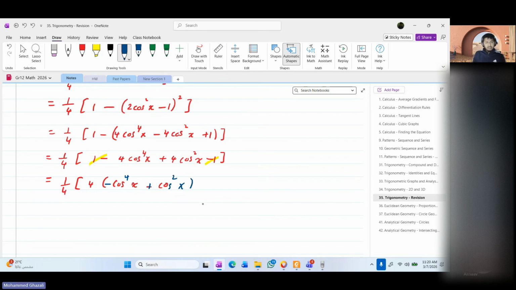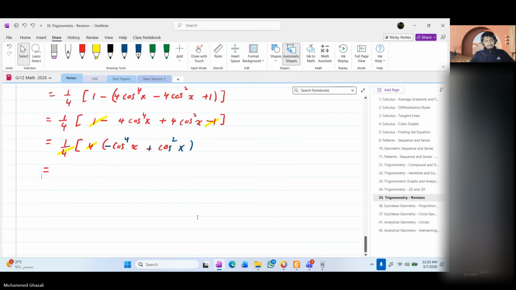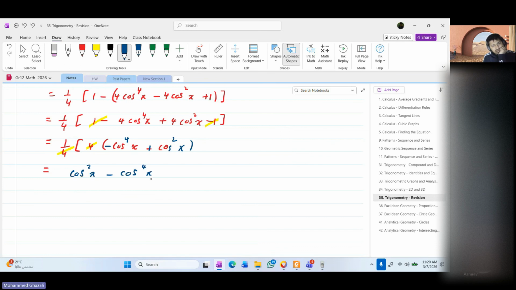So I've got negative cos 4x, so I managed to eliminate all these numbers. Now I'm left with cos squared x and negative cos to the power 4x. We want sine squared times cos squared, sure. So what we have here is cos squared x minus cos 4x.